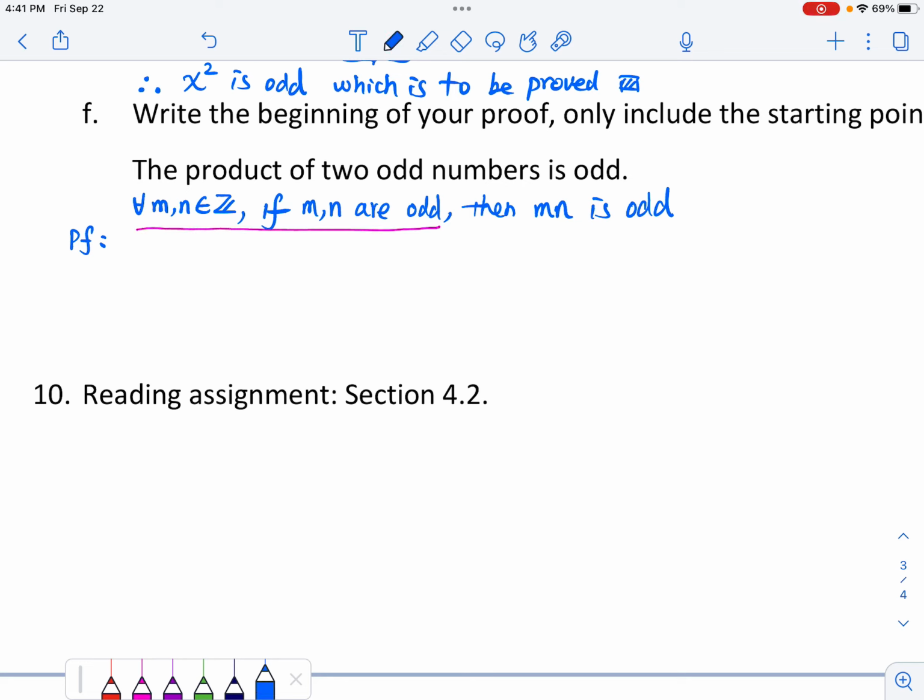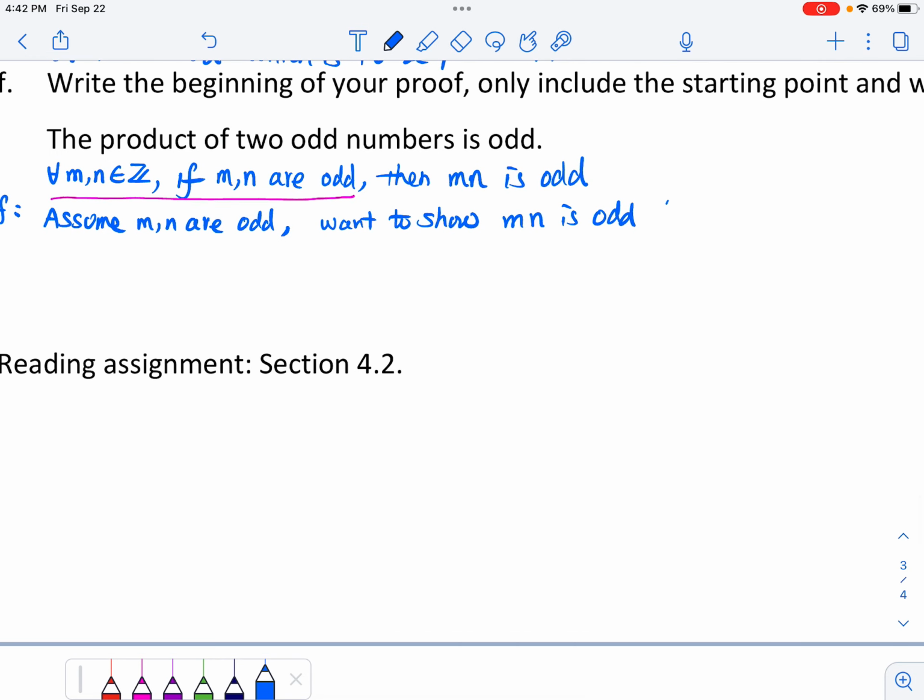So suppose, or let, or assume, any one of those words is good. I'm going to assume, just to make sure you know we use different words, they're all okay. So assume m and n are odd. And then the next is we want to show m times n is odd.